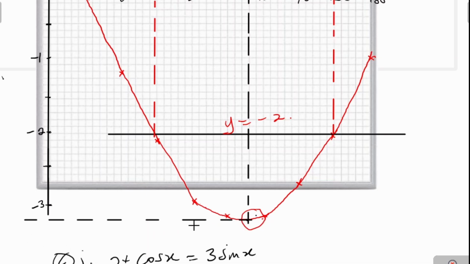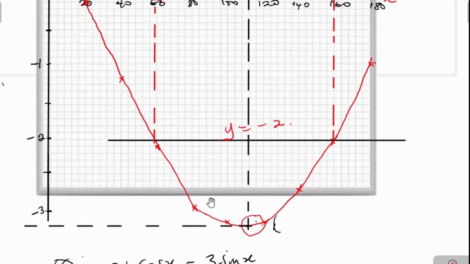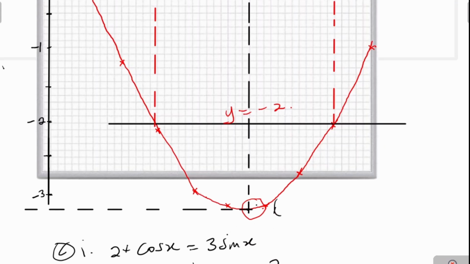And tracing with my ruler, I want to get the coordinates of this point and then write them here. As for the x value, we know it already as 112 approximately. So the x coordinate is going to be 112. Then the y here, looking at my marking here, maybe I would say negative 3.2 approximately.